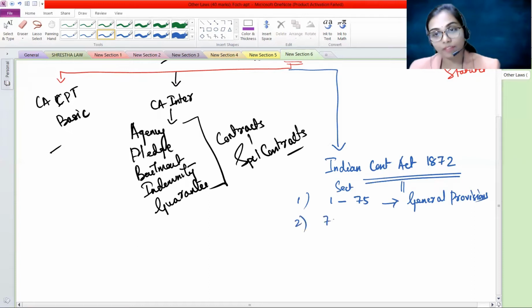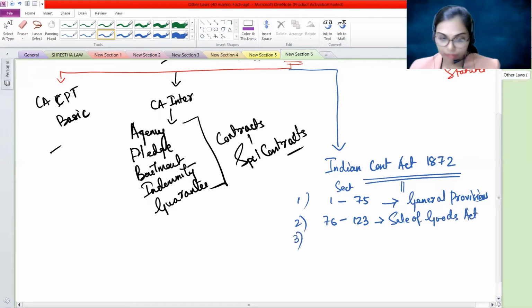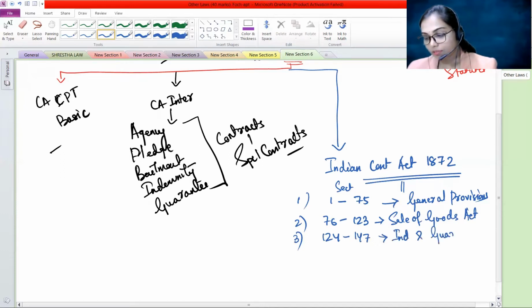Second is 76 to 123, which speaks about the Sale of Goods Act. Third is 124 to 147, which is about the indemnity and guarantee contract.